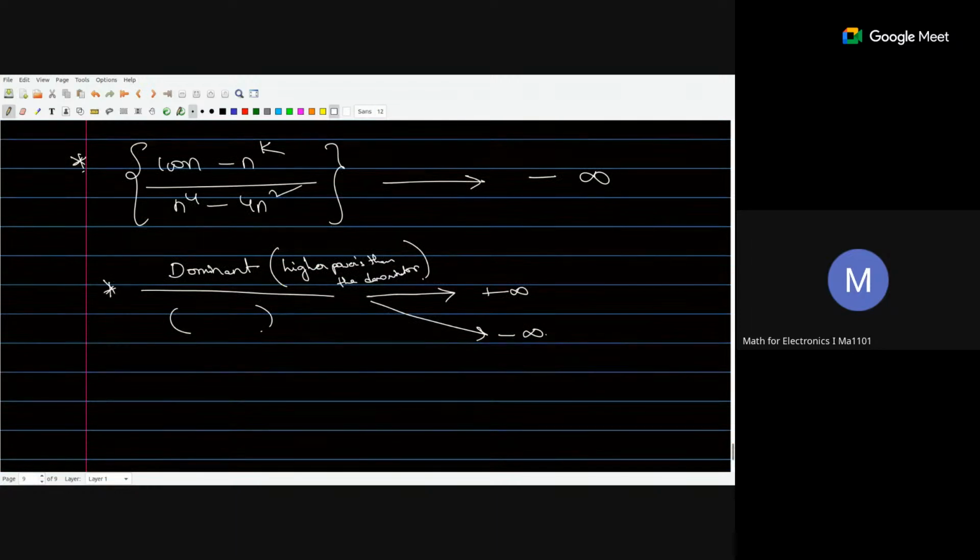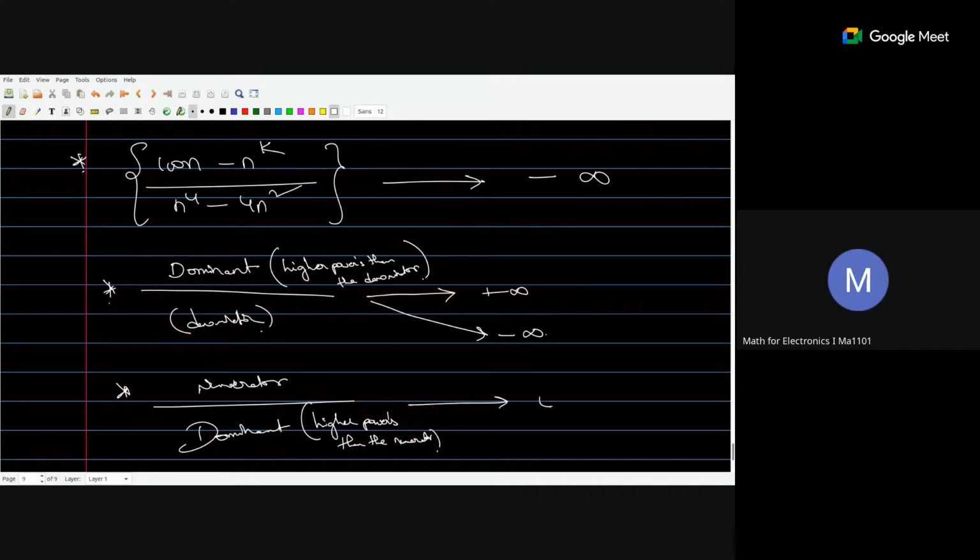This is one case. The other case is if the denominator is dominant, again higher powers than the numerator. Then whichever direction it goes, as the denominator is dominant, this will go to 0.